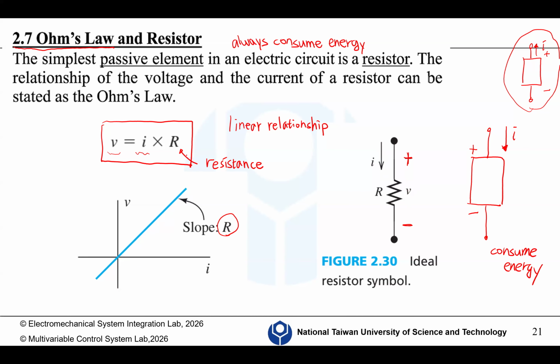It can be written as V equals I times R, or as I equals V divided by R. And we go to the next page.